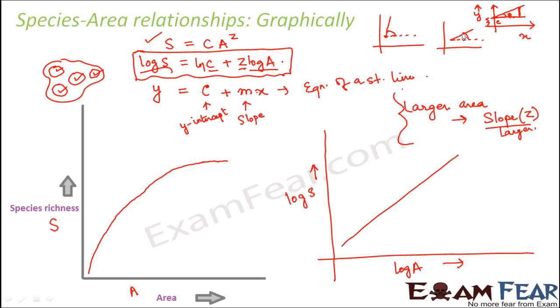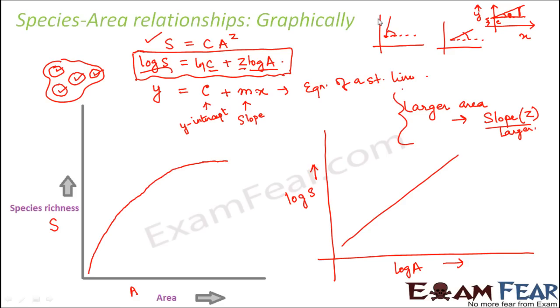Now, why does the slope steepness change with the size of the area? That's because when you are considering a very large area, the species richness is more. That is, more variety of species exist there. So in that case, even as the value of your X changes a little bit, the change in your Y is quite more. That is, the species richness is more when compared to the changing area. Therefore, your slope is steeper.